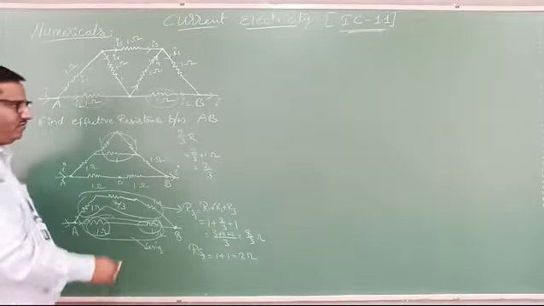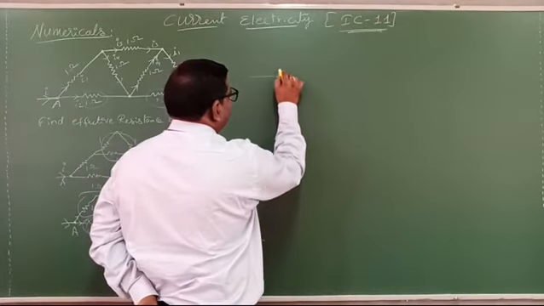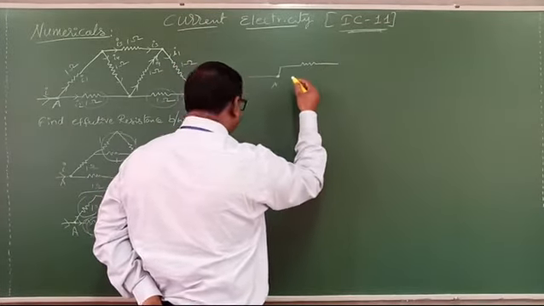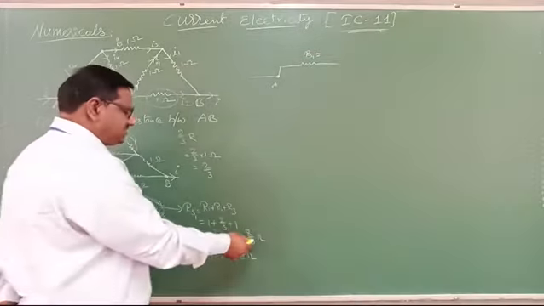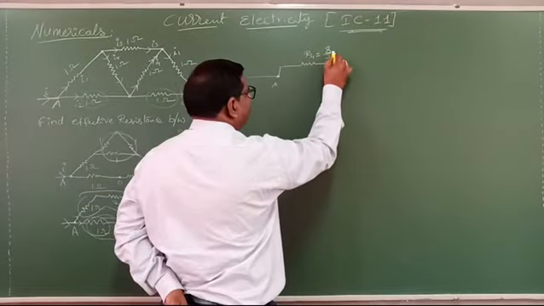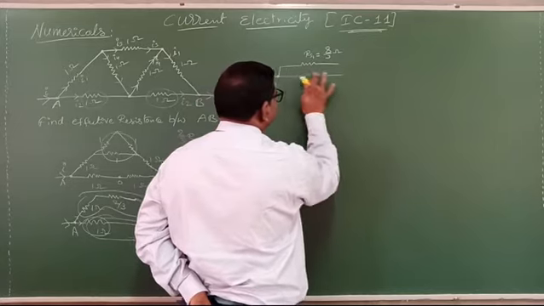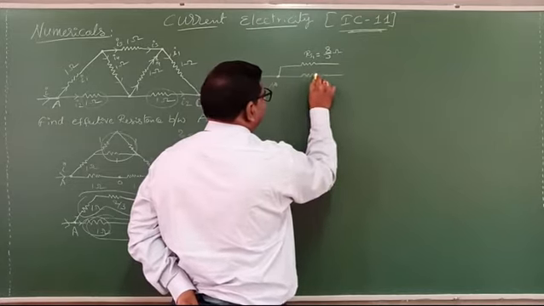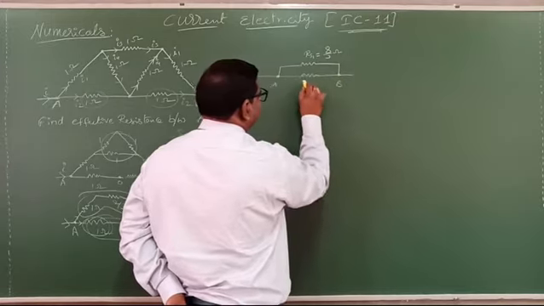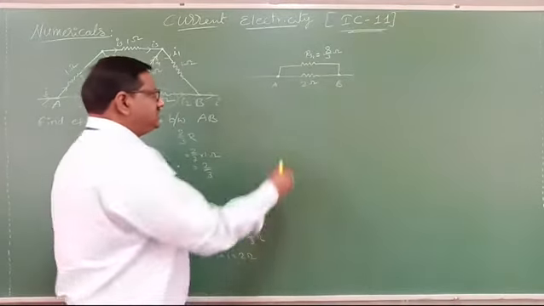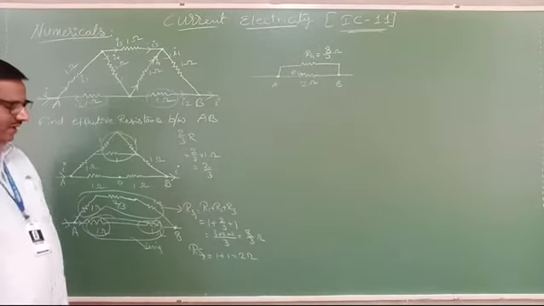Now finally, from point A, one effective resistor is RS1, that is 8 by 3 ohm. And one more from A to B in between, that is 2 ohm. Clear? This is RS2. This is what we can show in the diagram.